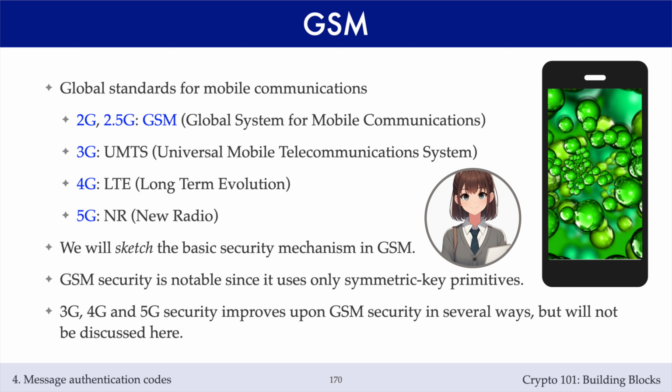We'll sketch the basic security mechanisms in GSM, the core of which is the basis for 3G, 4G, and 5G. GSM security is notable because it uses only symmetric key primitives and no public key cryptography. 3G, 4G, and 5G security improves upon GSM security in several ways, but we won't discuss those improvements here.